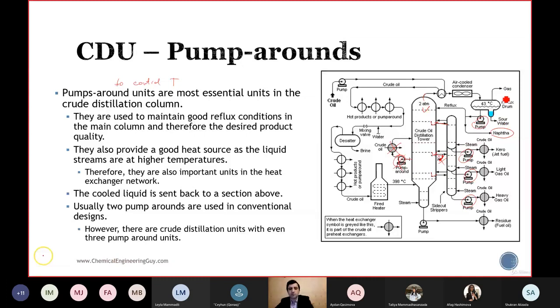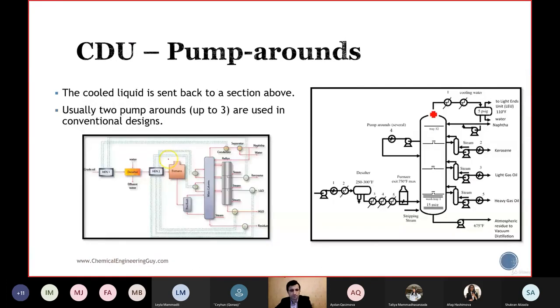That's what we do: increase the reflux, and then decrease the temperature at the tower overhead, so that we don't let naphtha leave as gas. These all show the pump-arounds and heat exchanger network. Usually 2 pump-arounds, up to 3, are used in conventional designs for crude distillation units.